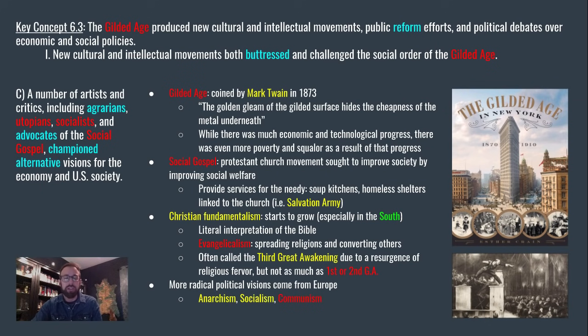So anarchists are saying that society is basically beyond repair, that we need to overthrow it and replace it with something that serves the people instead of the government serving itself and serving the rich. Okay? Socialism is the idea that the government should control and heavily regulate and often own the means of production.